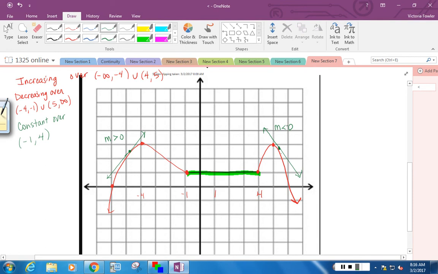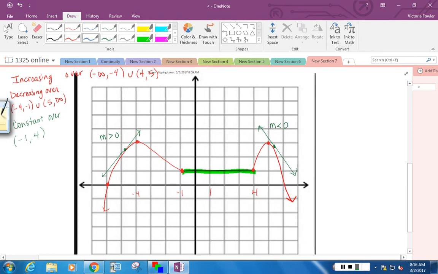Okay. Now, what if I pick either right here, I hope you can see that, or right here, and I try to draw a line tangent to the curve? What can I say about its slope? Well, it's a horizontal line, and its slope is 0.